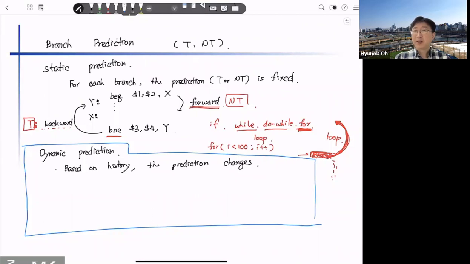But anyway, I think after we finish the dynamic prediction on June 3rd, we are almost completing chapter 4. Okay, so we are only covering the control hazard part, the data hazard, the pipeline hazard. Then we are completing chapter 4.